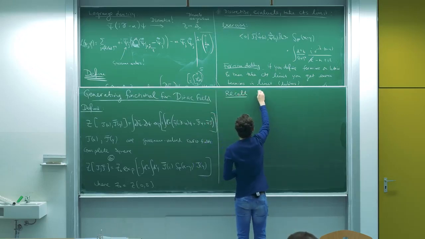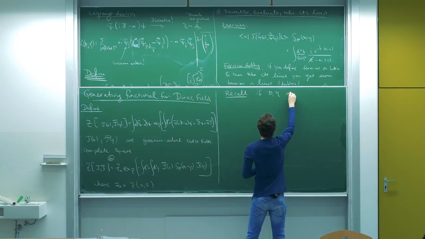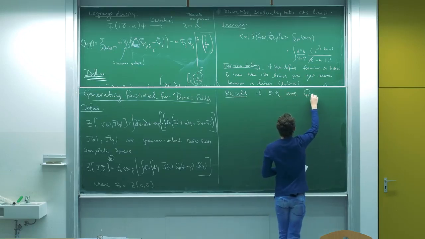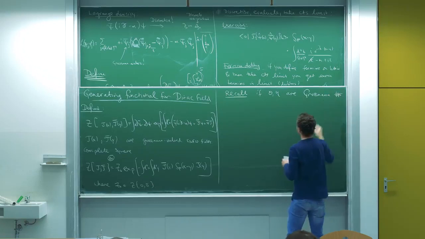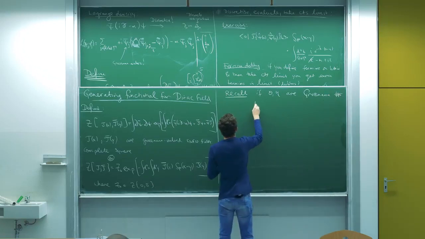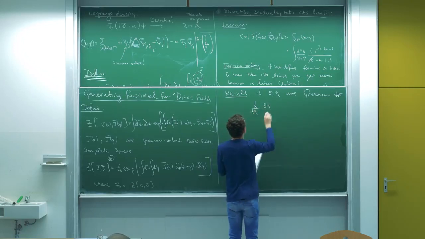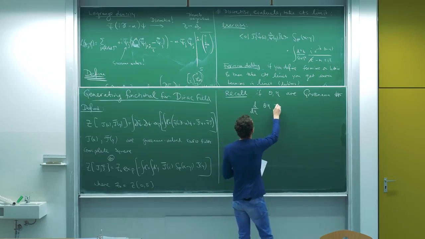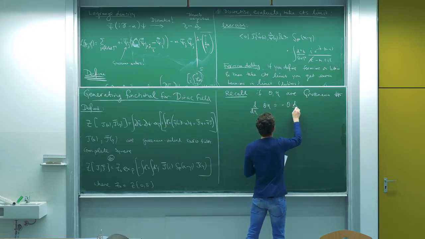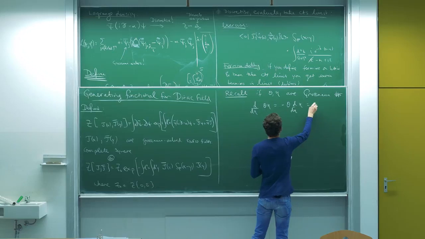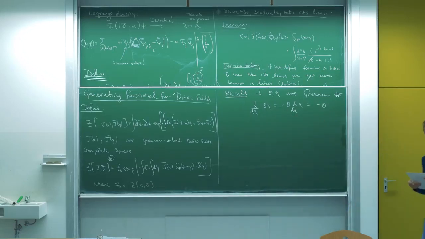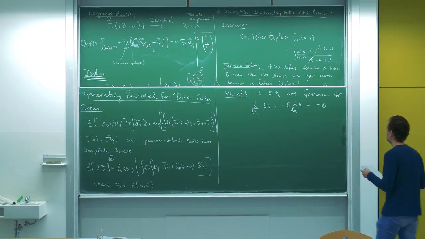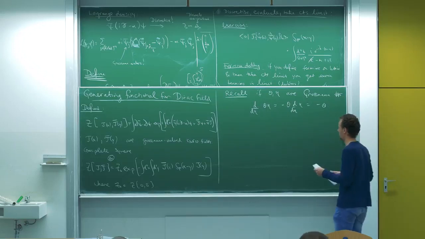Recall, if these two guys are Grassmann numbers, then the derivative of an expression such as theta eta is minus the derivative of theta times eta, the derivative with respect to eta.